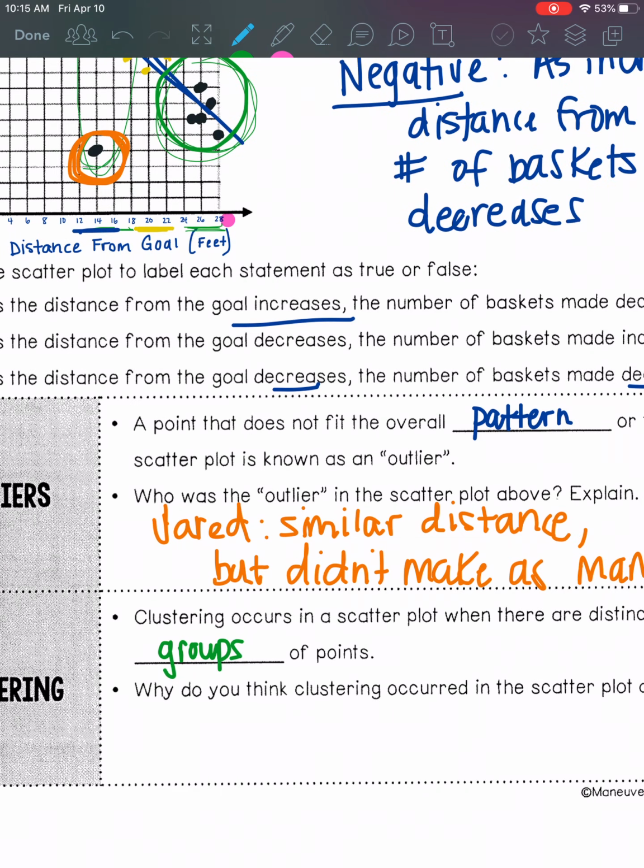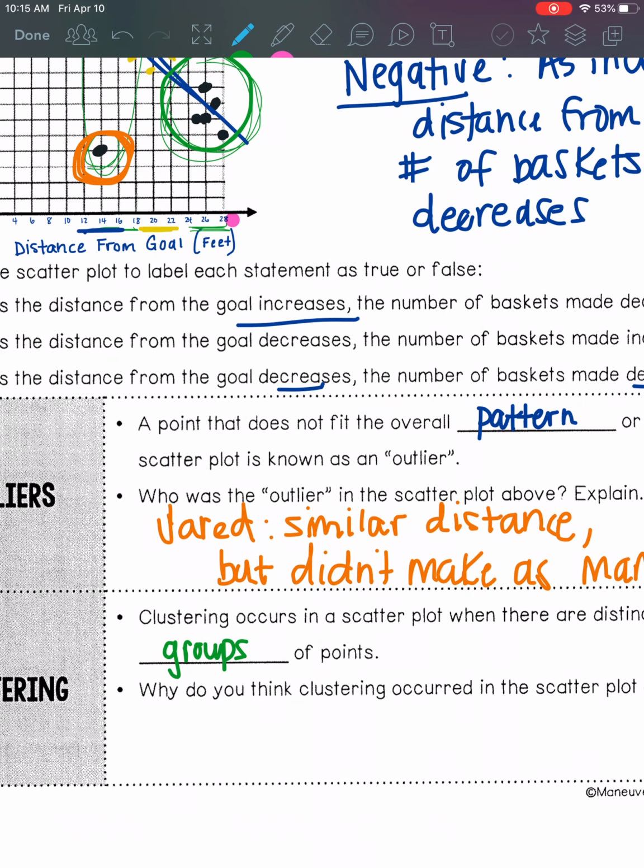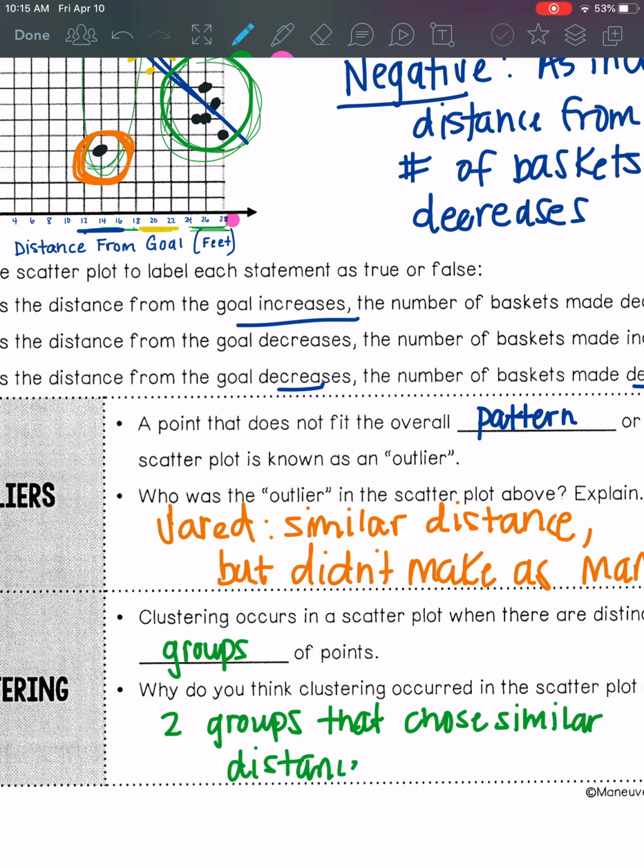Well, we talked about that there were basically two groups that chose similar distances from the basket. Hopefully all of that made sense.